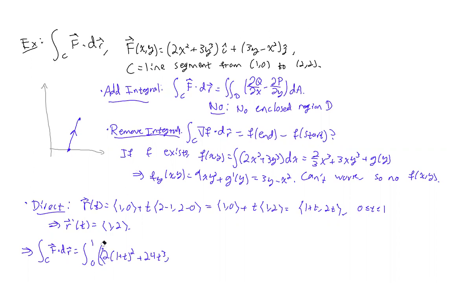comma, 3y minus x squared is 6t minus (1 plus t) squared), dotted with the derivative vector (1, 2) dt, or in other words, going from 0 to 1, 2 times (1 plus t) squared minus 2 times, that's actually going to go away, 24 t cubed plus 12t dt is what that would come out to.